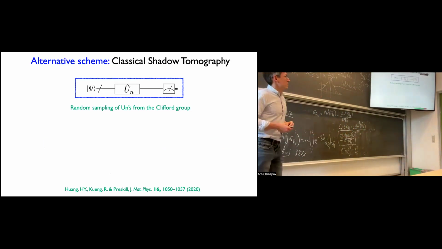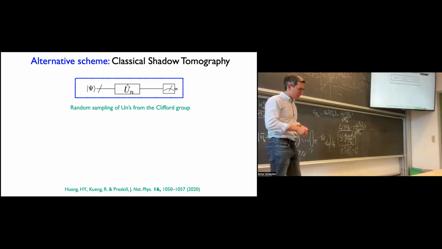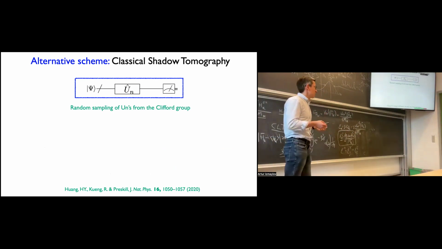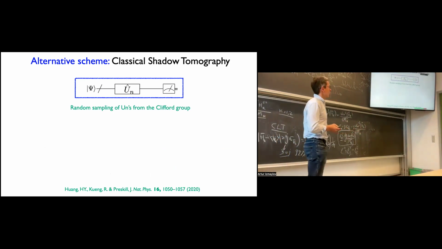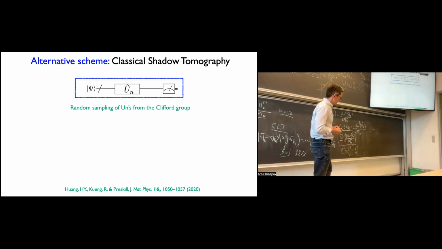And at this point, before getting to the results, I wanted to say just a few words about another technique that came after we played a lot with the fragmentation. It was called classical shadow tomography. And it was very surprising for us, because that approach looked at the same problem, but somewhat differently.